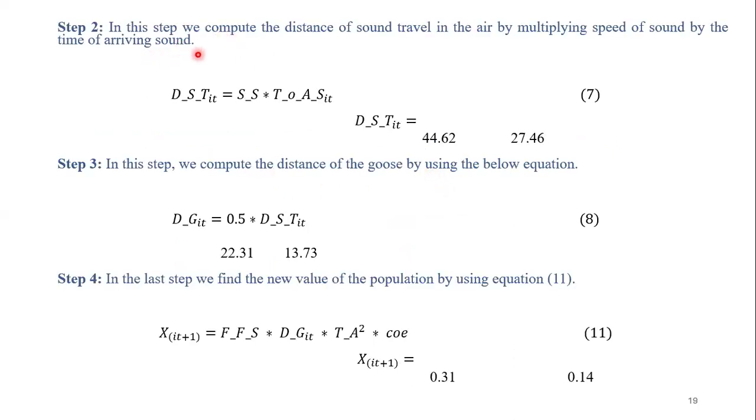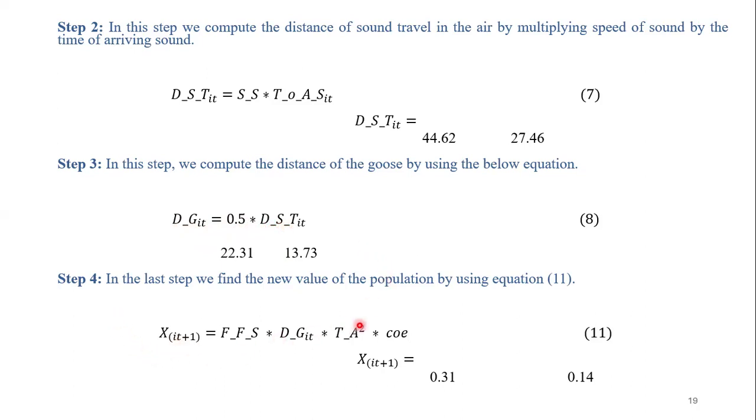Then for the next step, we will find the distance of the sound travel. Again, we will have the sound speed multiplied by the time of arrival of the sound to the whole group. We multiply, and then in equation 9, through that we will find the distance of the second goose from the main leader, from the main goose.